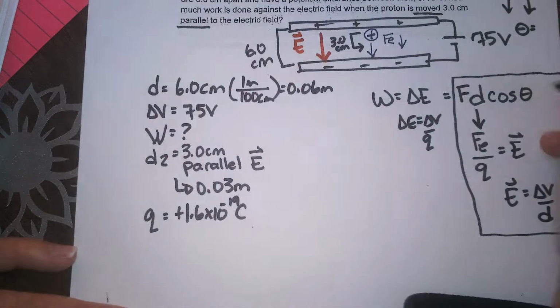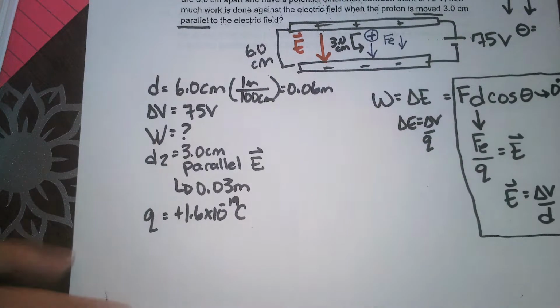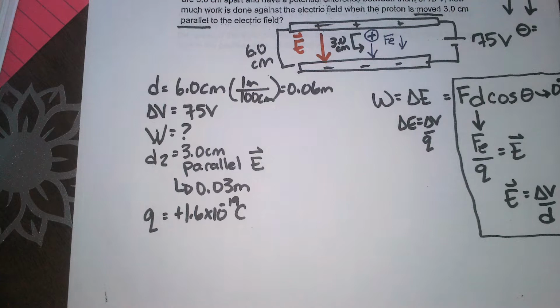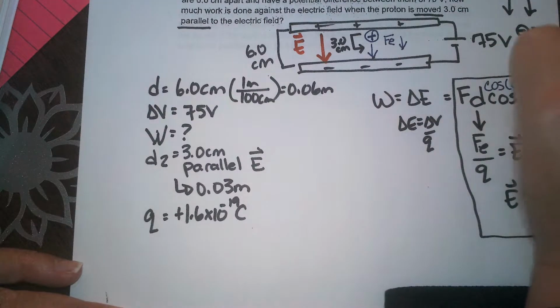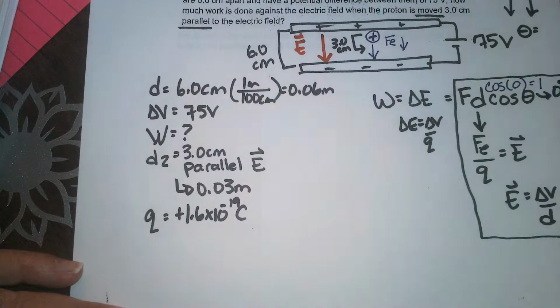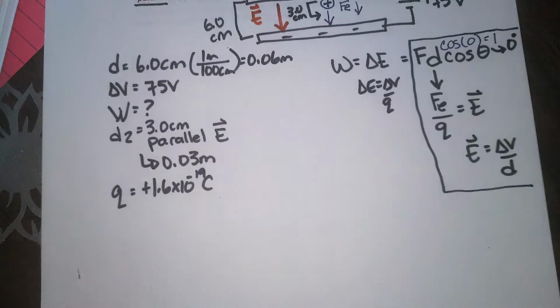So theta in this particular case is 0. What is the cos of 0? Right. Cos of 0 is equal to 1. Okay?